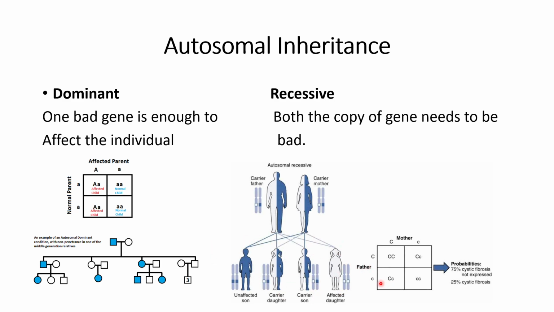Out of the four children, this daughter is affected by the autosomal recessive inheritance, whereas one daughter and one son are carriers, and one is completely unaffected. This is shown in the probability chart: in 75% of cases the disease is not expressed, and in 25% of cases the disease is expressed. Here the cystic fibrosis example is shown.